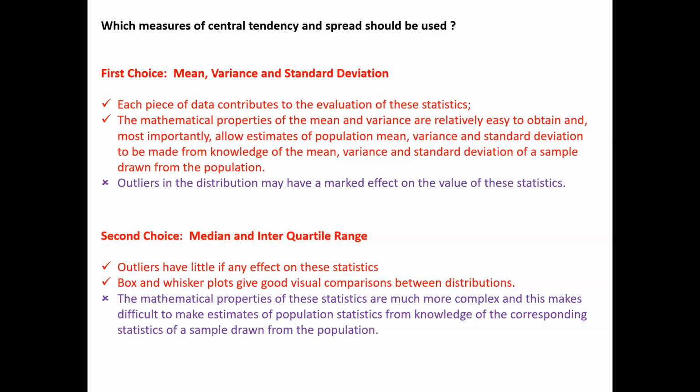However, the mathematical properties of these statistics are much more complex, and this makes it difficult to make estimates of the population statistics from knowledge of the corresponding statistics of a sample drawn from the population.